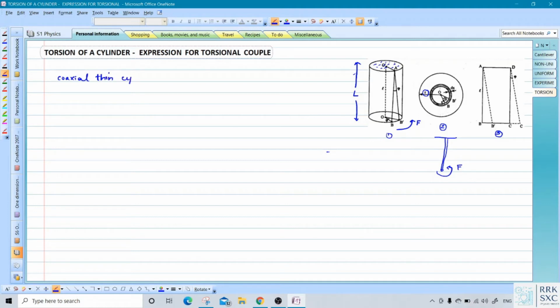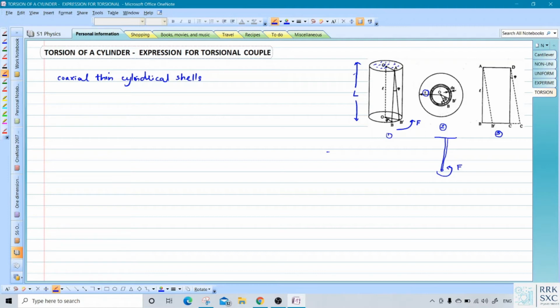cylindrical shells, and in fact it is to be noted that the whole cylinder is made up of a large number of these coaxial thin cylindrical shells packed very closely. Coaxial means all the cylindrical shells have the same axis.